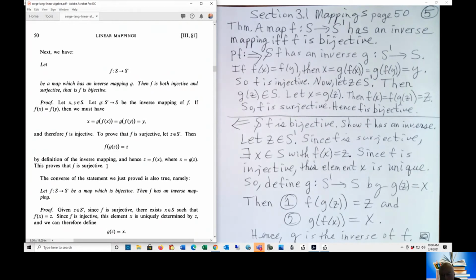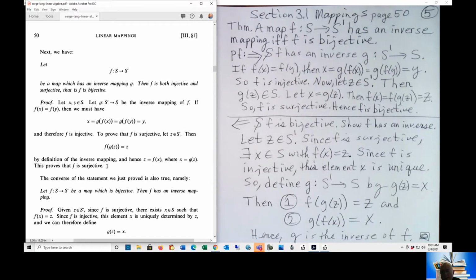So proving the forward direction, suppose F has an inverse, call it G, from S prime to set S. We have to show two things: that F is one-to-one and onto. One-to-one: if F of X equals F of Y, then we have to show that X is equal to Y, and we do that using the inverse.